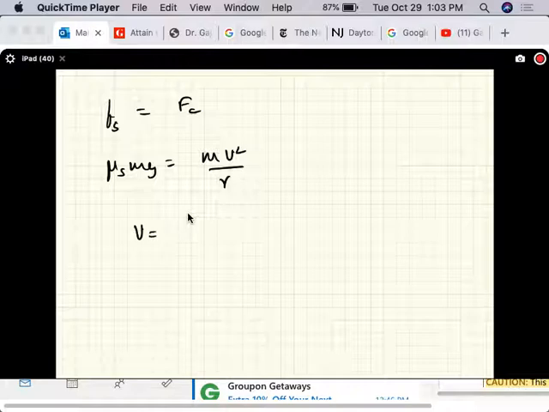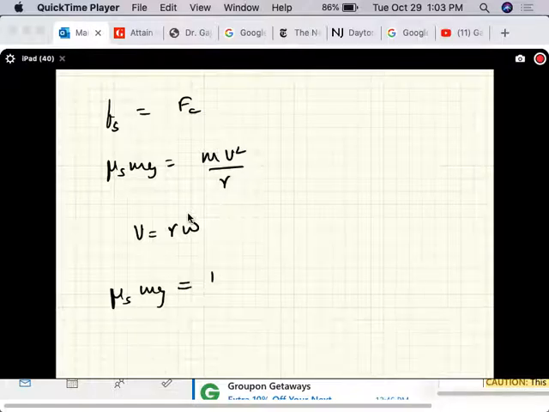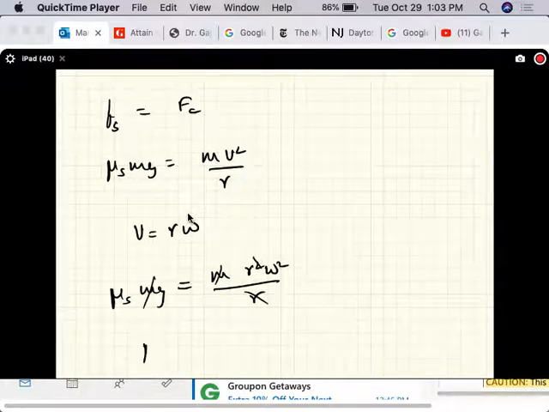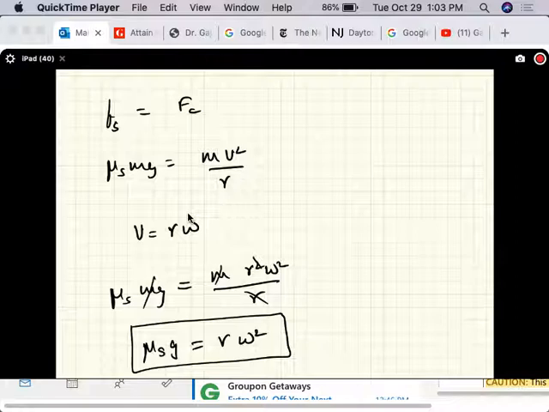So v is r omega. So mu s mg equal to m r square omega square divided by r. One of the r cancels, the m cancels. Mu s g equal to r omega square.